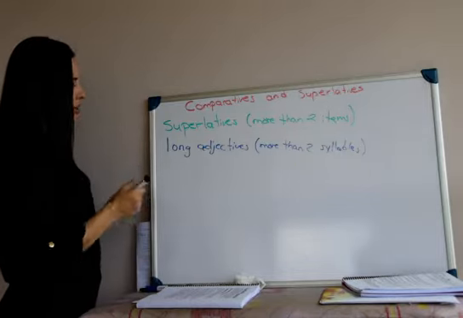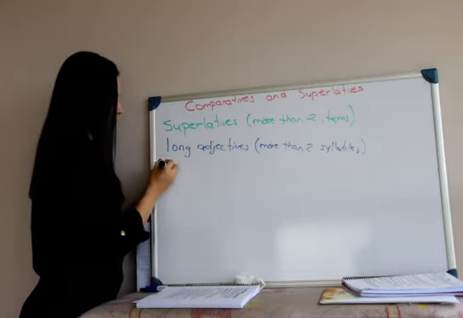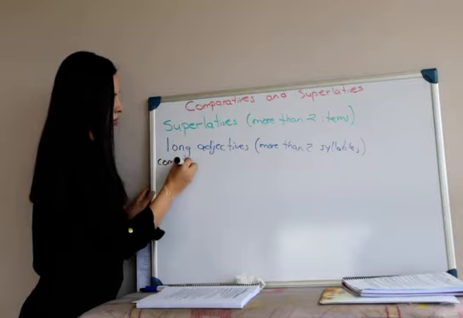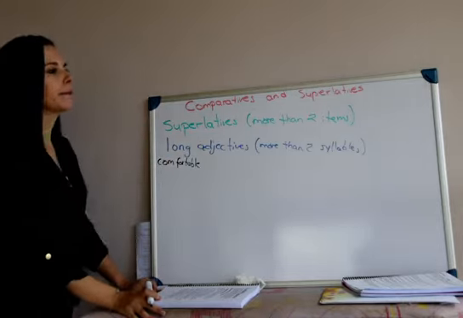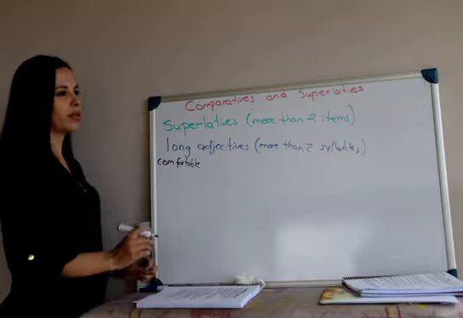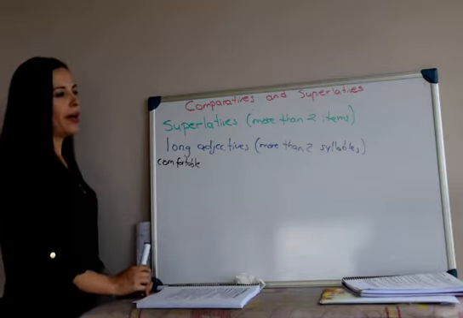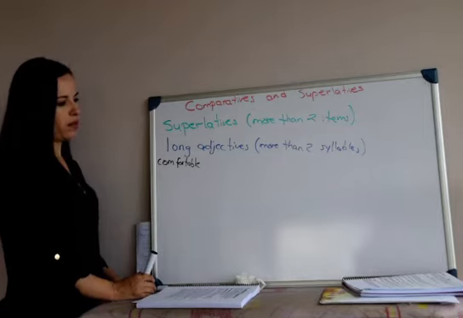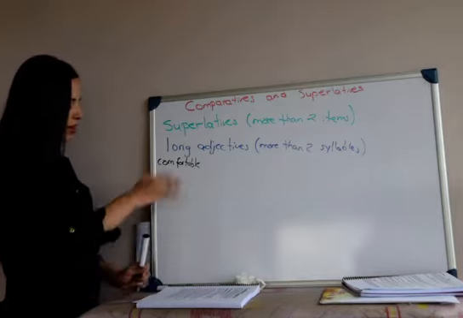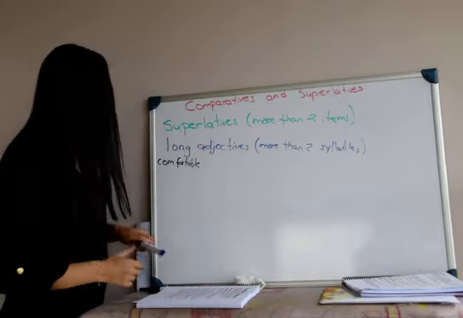Let's use the one that I didn't use in the previous example. Comfortable. Comfortable and beautiful. I already used beautiful. Expensive, already used expensive. Okay, let's keep that one. Let me think about a different adjective.